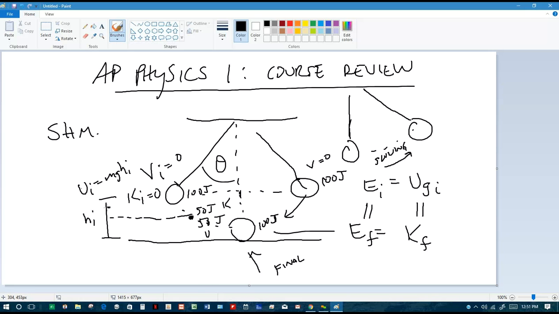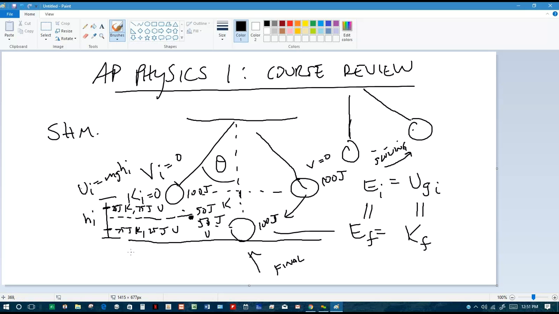If it were right here, only 25% of the way down, then it would have 25 joules of kinetic energy and 75 joules of potential energy. And the opposite, if it was 75% of the way down, then most of the energy has been converted to kinetic energy, and it would have 75 joules of kinetic energy and only 25 joules of potential energy. Always adding up to 100, though.